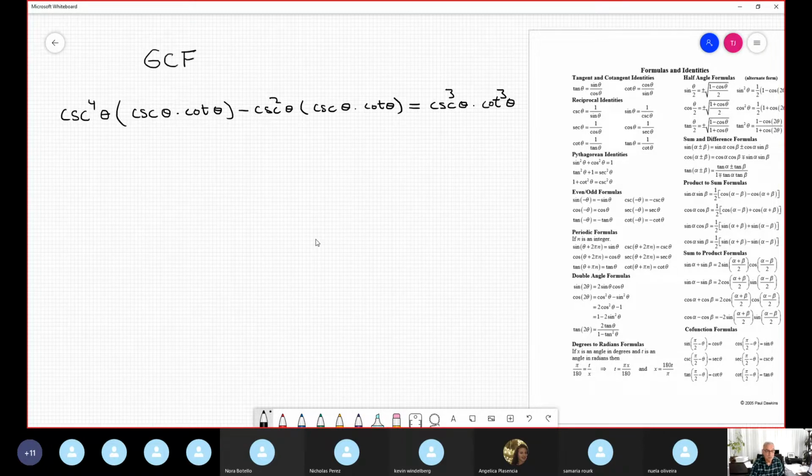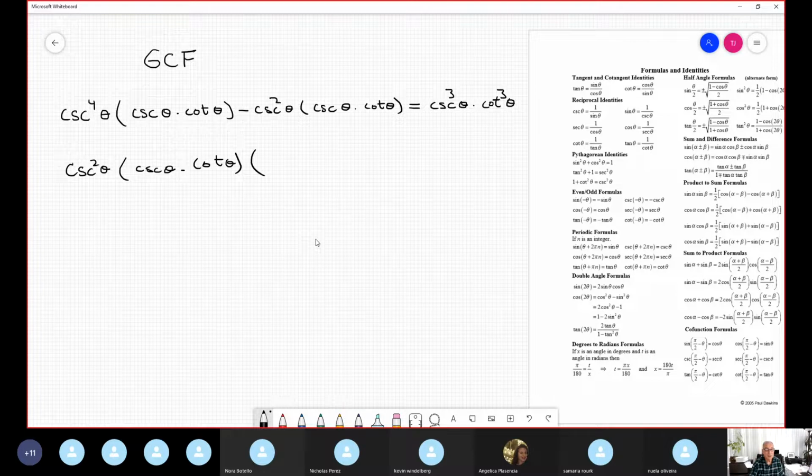In the expression on the left-hand side, you see that we have cosecant square theta, because we have 4 and 2. The greatest common factor is 2. And also I can see that this factor is common again, cosecant theta times cotangent theta.